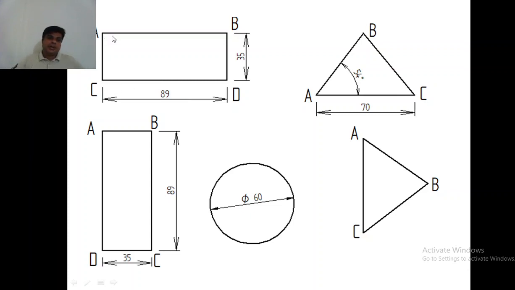So here you can see this rectangle you are drawing with a longer edge horizontal. So the longer edge of the rectangle is horizontal. In some cases you can draw the rectangle with the longer side vertical. So the longer edge can be horizontal in some cases, and in some cases the longer edge can be vertical.